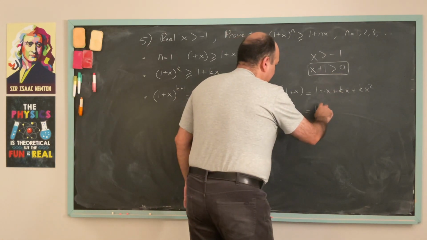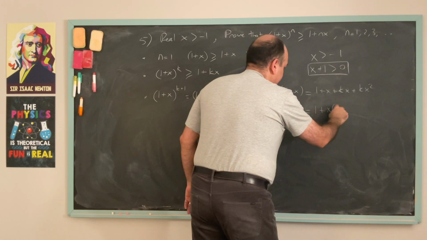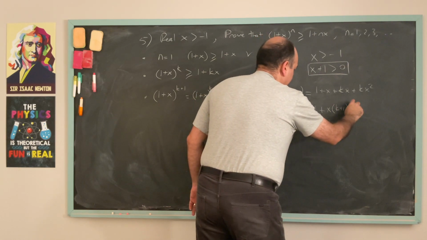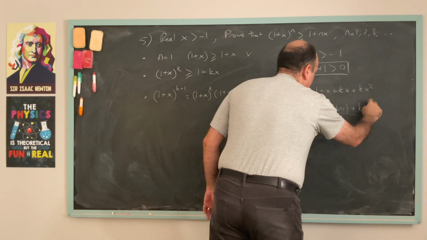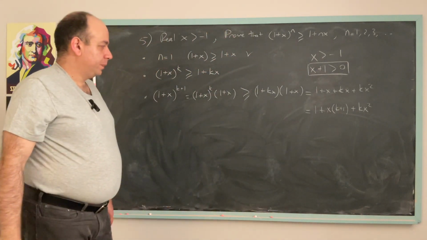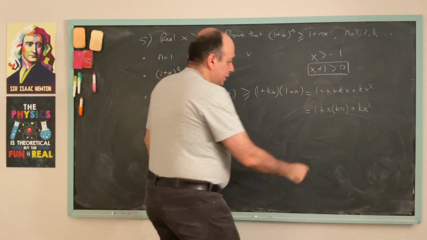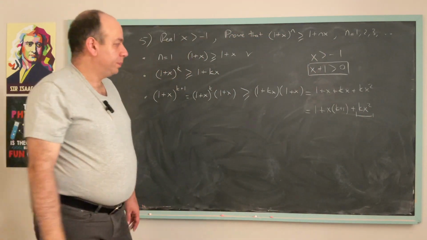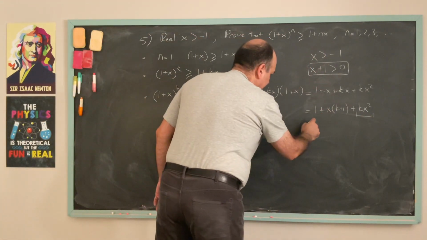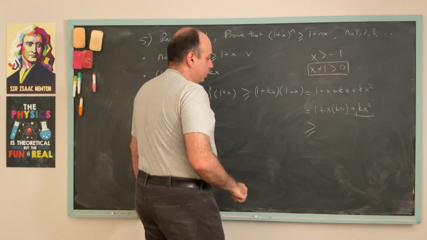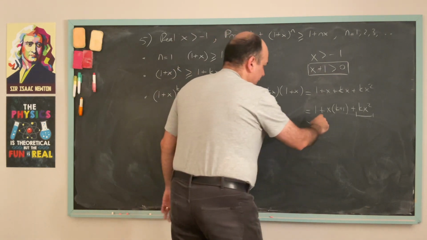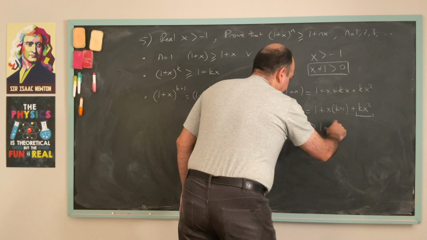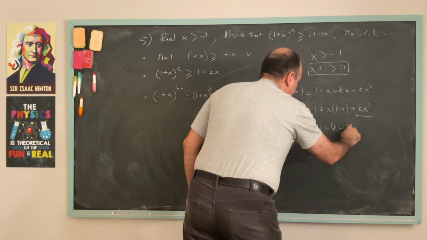So this is going to be 1 plus (k plus 1)x plus kx squared. Good. So this term here is also a positive term. So I can simply say that this is also larger than or equal to, right? 1 plus (k plus 1)x.